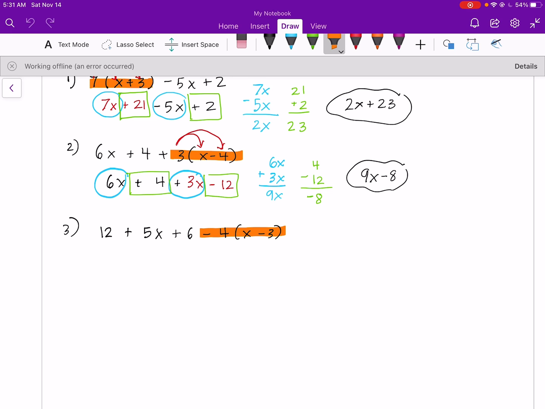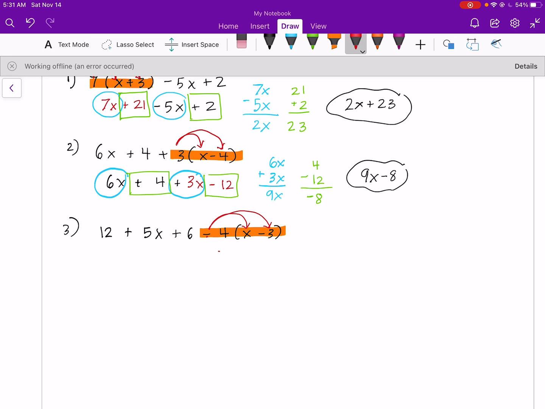That negative goes with the 4. So that negative, we could say it's subtraction, but it means negative as well, and it goes with the 4. Always attach the sign. So this is going to be a negative 4 times x and a negative 4 times negative 3. So this is where I see lots of students make mistakes because they forget to attach that negative.